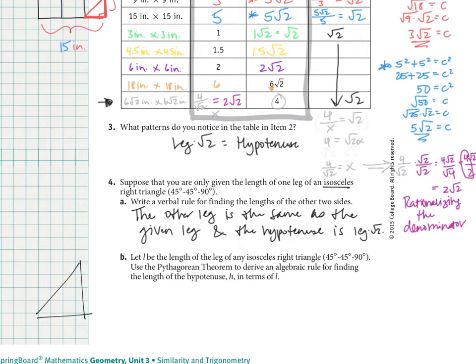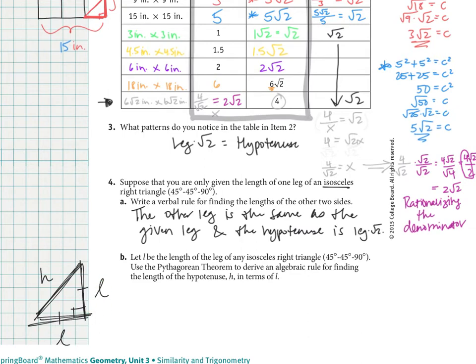Let's say we have our isosceles right triangle. Forgive me for the sketchiness of this picture. We're saying that L, and I'm going to use a cursive L, represents the length of each of our legs. Yes, we're going to have H as the hypotenuse, but instead of having 2 variables, I'm going to try to write H in terms of L, so we're only using the letter L.